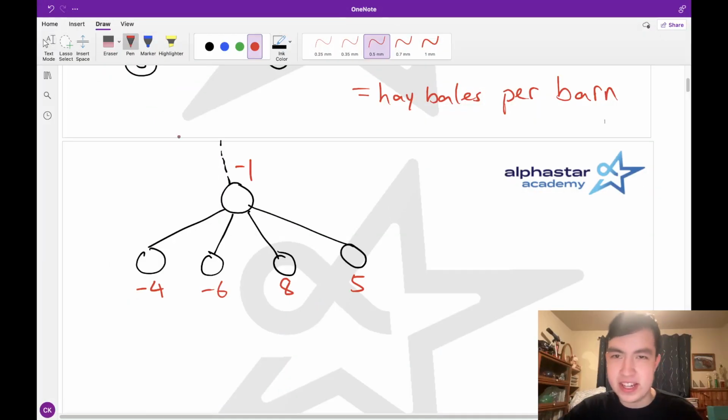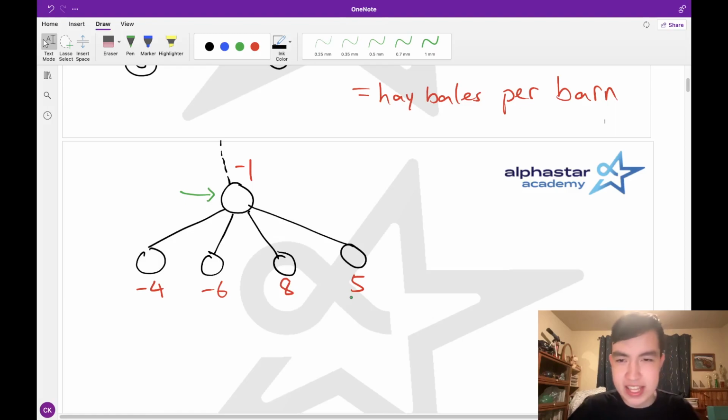Let's do a small example of a subtree here. So in this case, we're looking at this node right here, and this node has -1 hay bales, and these are the normalized numbers, so it has 1 fewer hay bale than it should. And it has these 4 children down here, which have varying numbers of hay bales each.